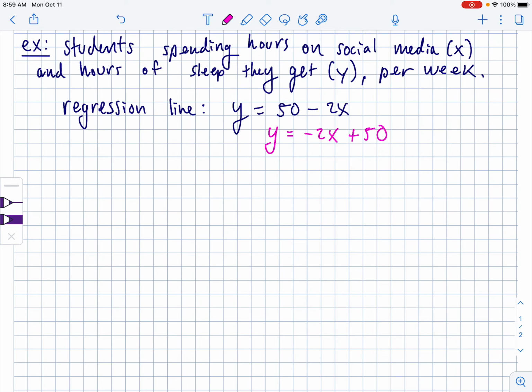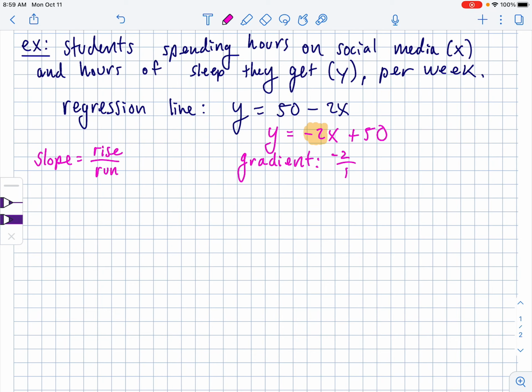The first thing I think when I look at this is I almost want to rewrite this in my brain as y equals negative 2x plus 50, because this is in the more familiar y equals mx plus b style. Now the gradient is right here. This means that the gradient, which is the slope, remember, is negative 2 over 1.